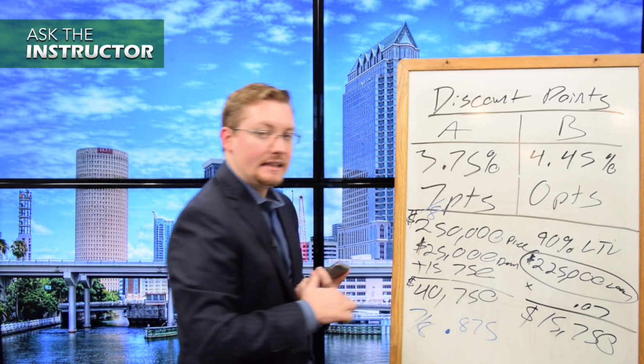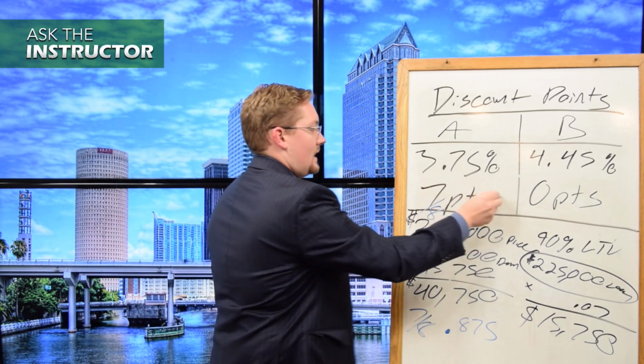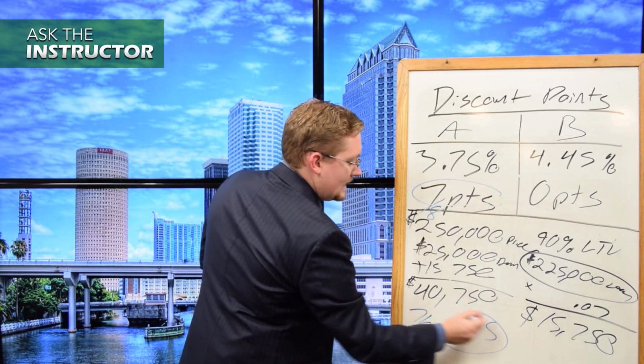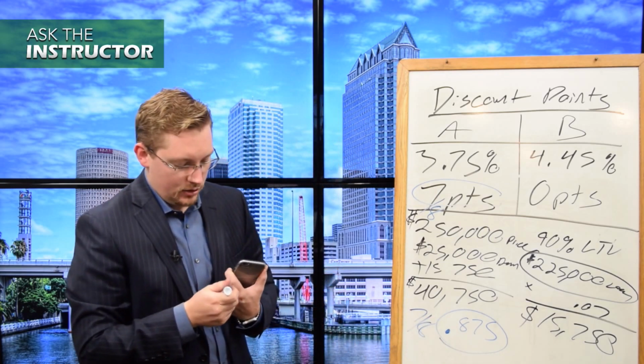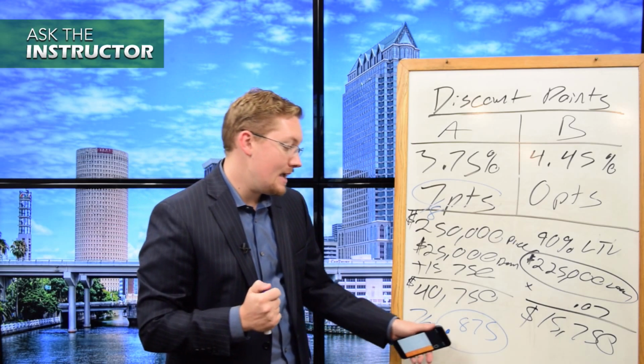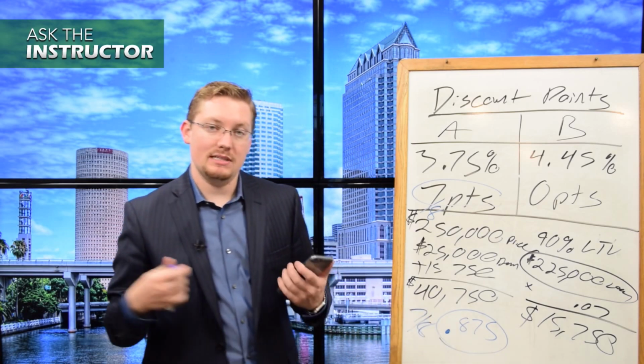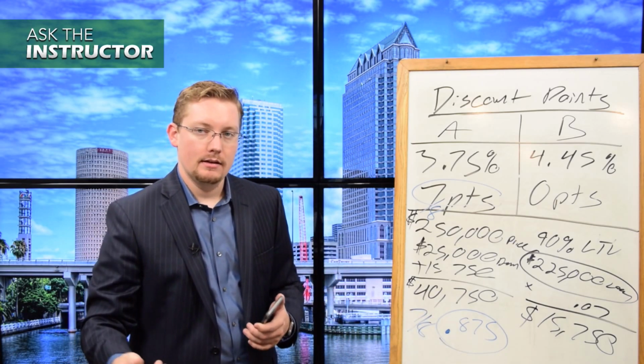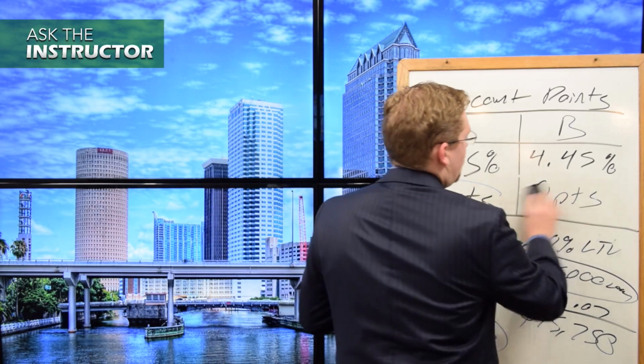So our yield, as it relates to the discount points, is 0.875. Those 7 points that we're paying up front would be the equivalent of us paying 0.875% of APR on the back end. Now let's see if this makes sense with our 0-point option over here.